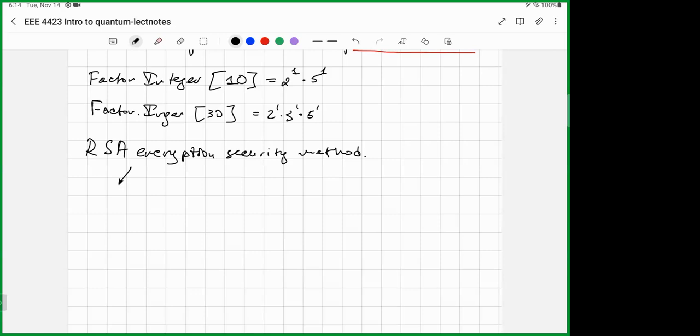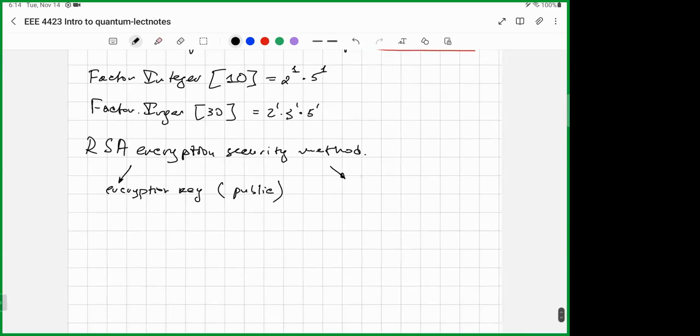One is the encryption key, which is public, right? And another one is the decryption key, which is a secret number.